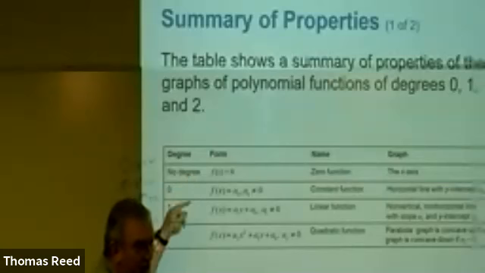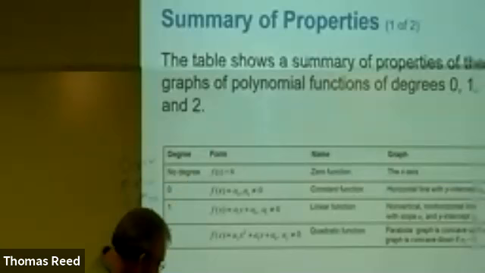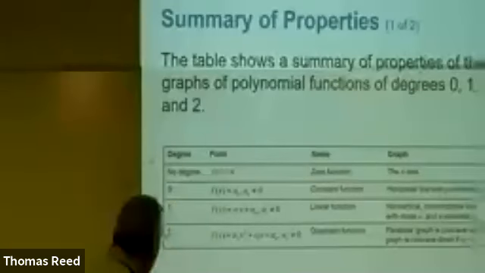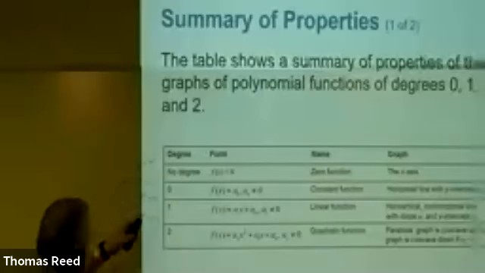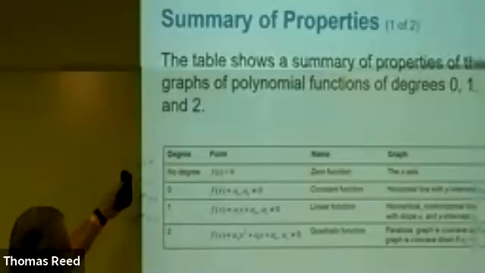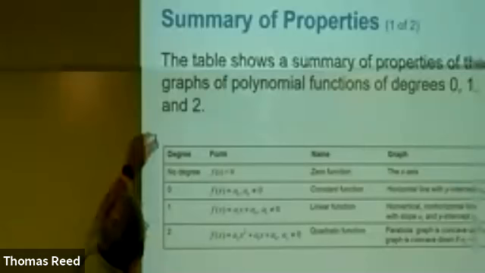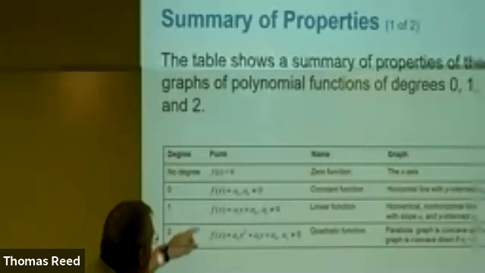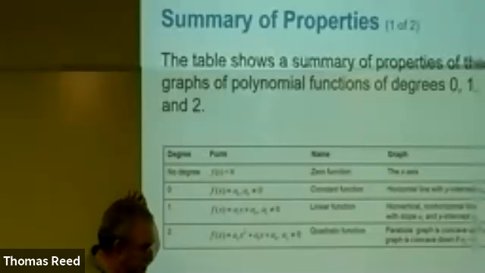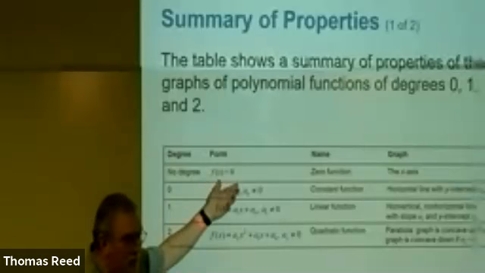Because what degree are we going to call it? I mean, I could even have negative exponents on x. I could have fraction exponents on x. So the 0 function has no degree. And its graph is the x-axis. All right, so this is the equation for the x-axis, y equals 0.